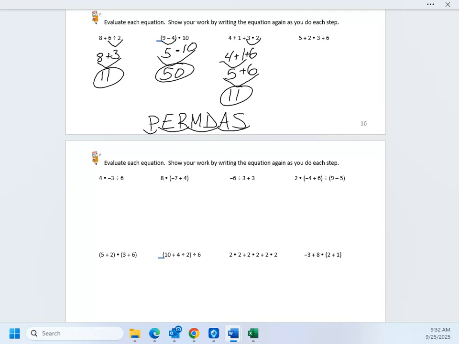Why am I being a mean teacher making you write every step? You're close. Vinny? There's a higher chance of getting the answer. Mm-hmm. Do I trust that you guys can do mental math? Yeah. So why am I not letting you do mental math on this? Joy? Yeah. Why else?